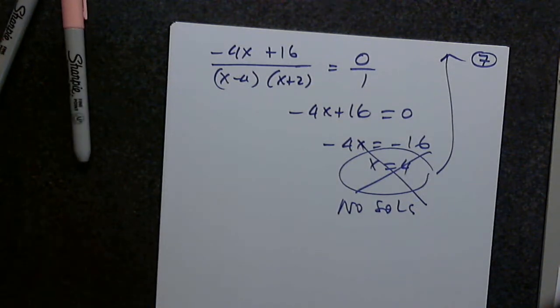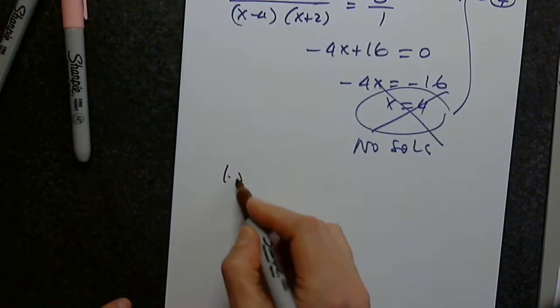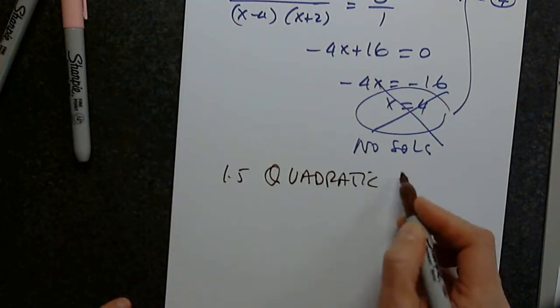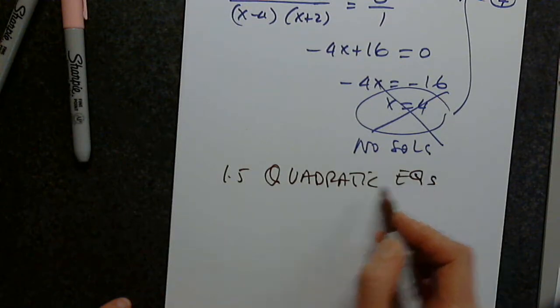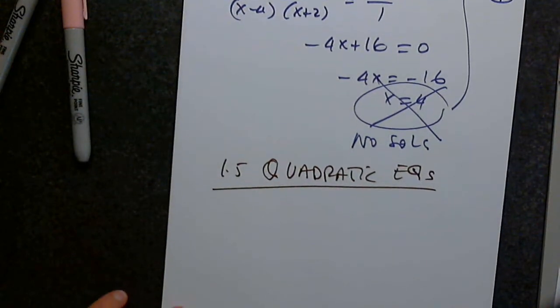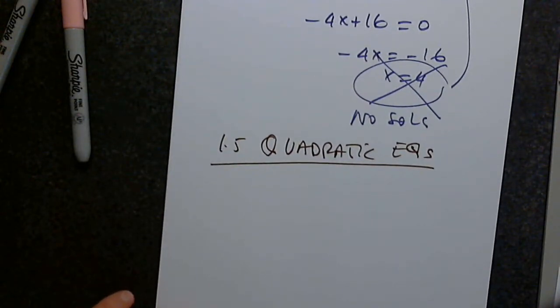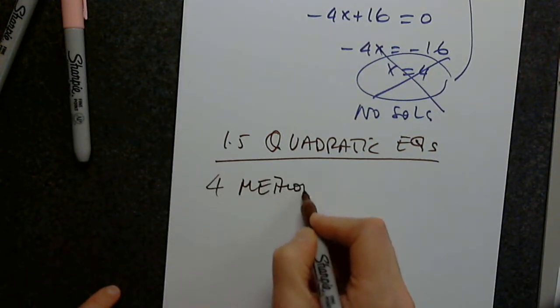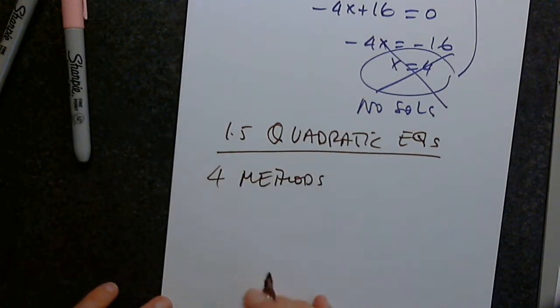Okay, so the next section is 1.5, quadratic equations. And we have 4 methods of solving quadratic equations.